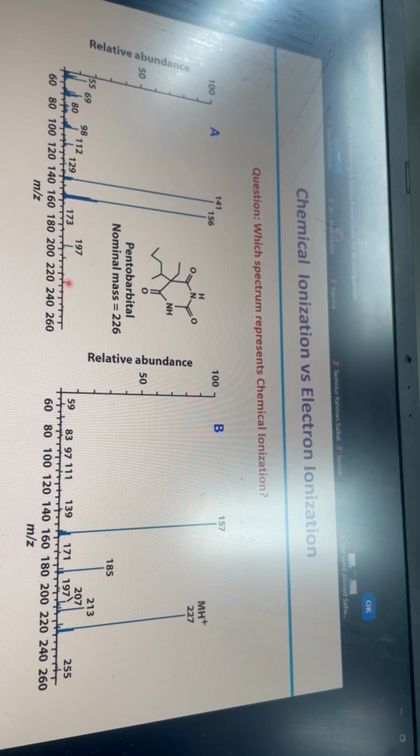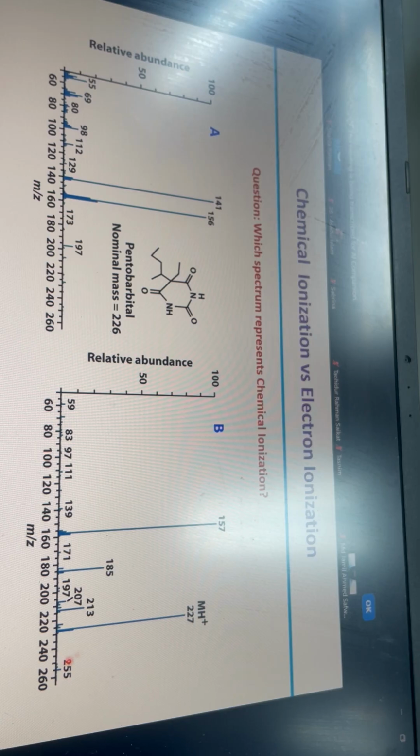You can tell this is electron ionization because you see a lot of fragments and only a tiny molecular ion peak. For chemical ionization, you see hydrogen attached to the analyte, you also see adduct formation, and less fragmentation. So now you know how to identify from the spectrum which one is electron ionization and which is chemical ionization.